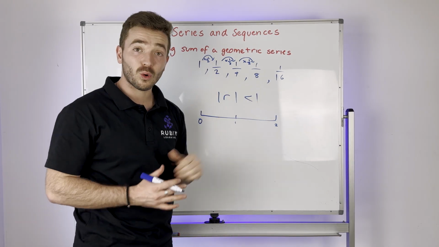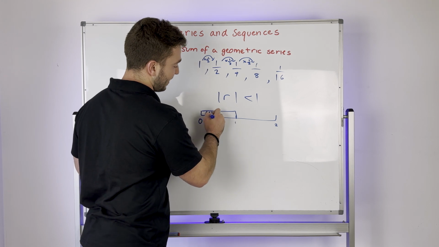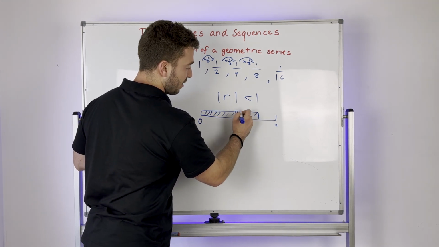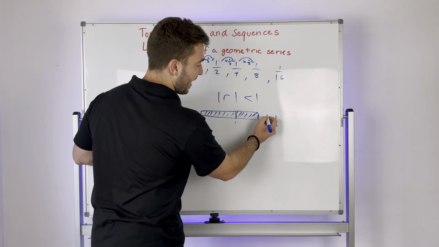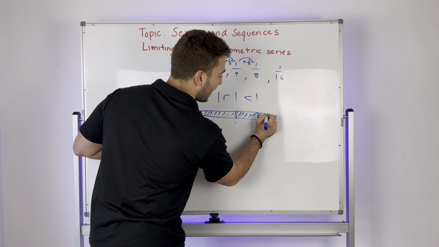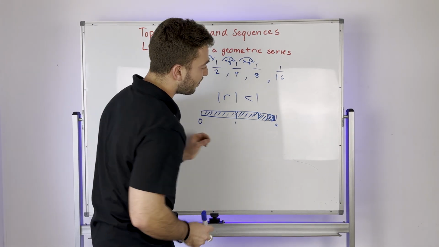And I was to add all these numbers together. On the first day, I would have exactly 1. On the next day, I would add a half. Then I would add a quarter. Then I would add an eighth. Then I would add 1/16.